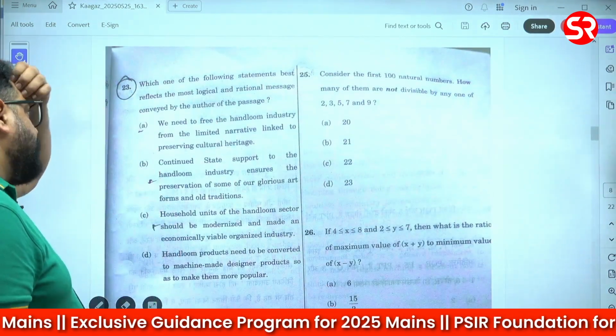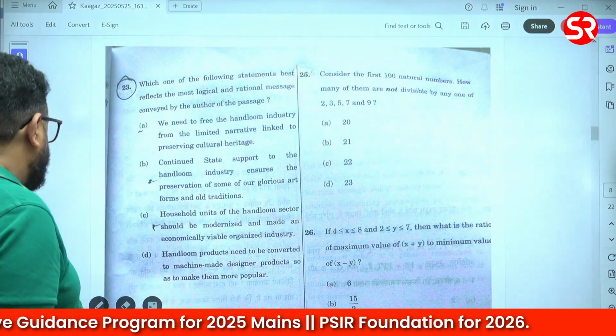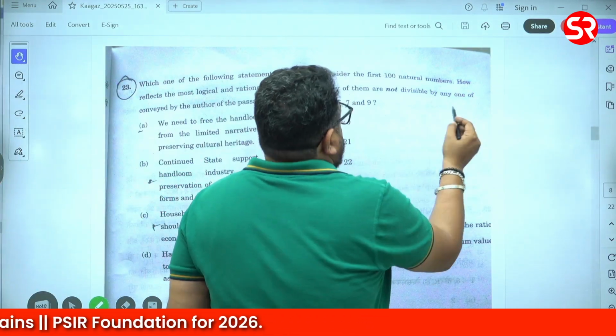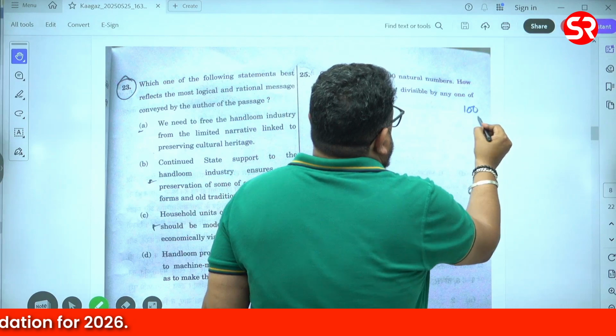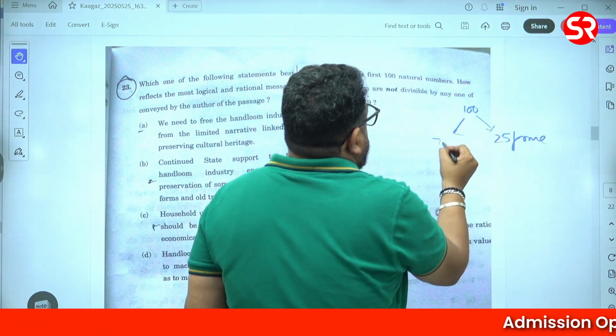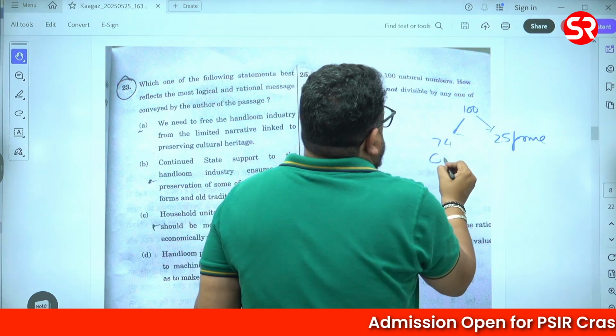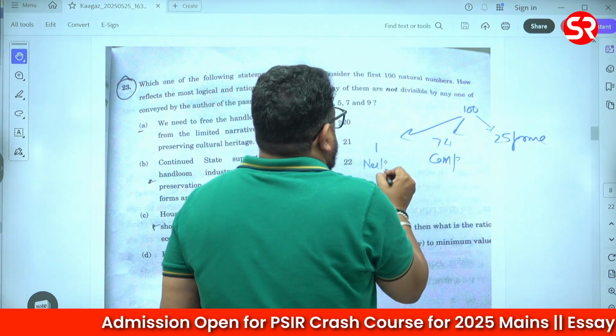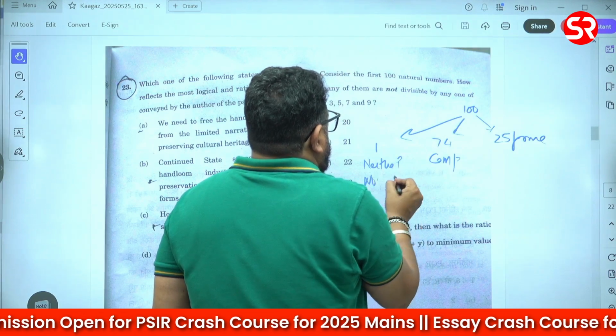Let's see. First 100 natural numbers, how many of them are not divisible by any of 2, 3, 5, 7 and 9? देखो यार 100 है, इसमें 25 प्राइम है and 74 composite है and one is neither prime nor composite, right?